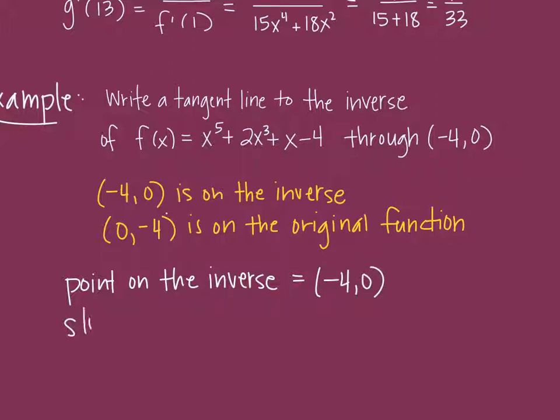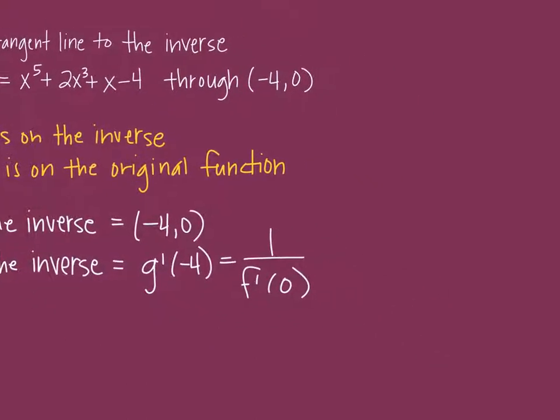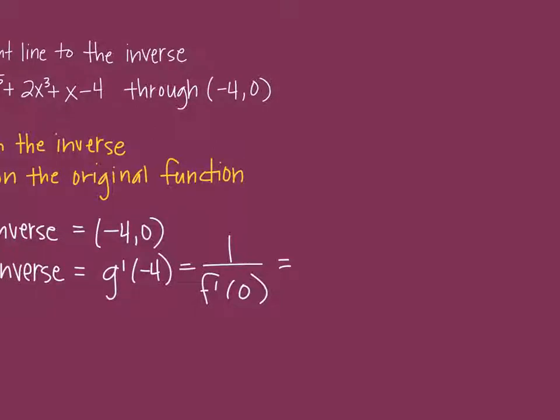And we need our slope on the inverse, which is going to be g prime of negative 4, which by definition is going to be 1 over f prime of 0. All right, that's going to give me 5x to the 4th plus 6x squared plus 1.